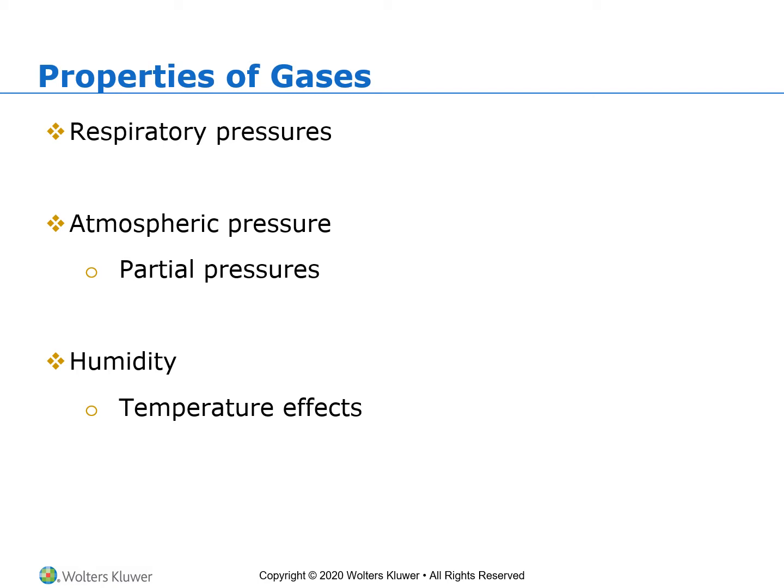To give you a clearer idea, if the concentration of oxygen at 760 millimeters of mercury, which is 1 atmospheric pressure, is 20%, you multiply 760 times 0.20, and you end up with a partial pressure for oxygen of 152 millimeters of mercury. It will make sense as we progress.